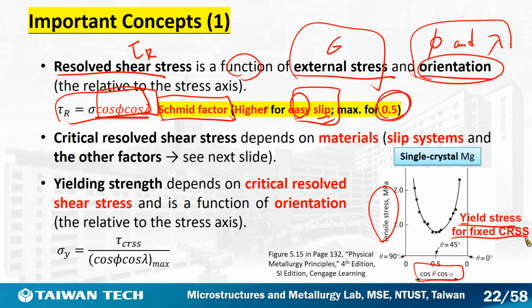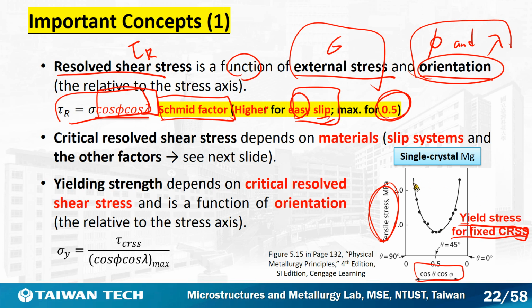And this is the yield stress for fixed CRSS. Okay, so what do we mean by the yield stress here? We write it as the tensile stress, the yield stress for fixed CRSS. Fixed CRSS means the same material, right? With a lower yield stress, it will be easy for slip.